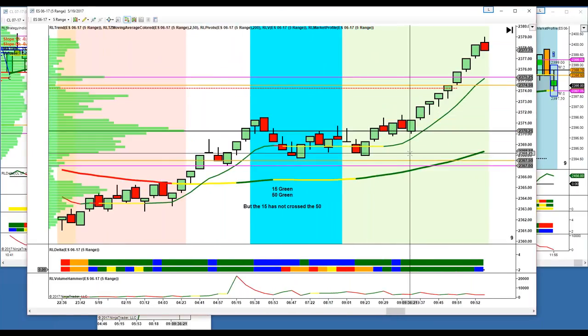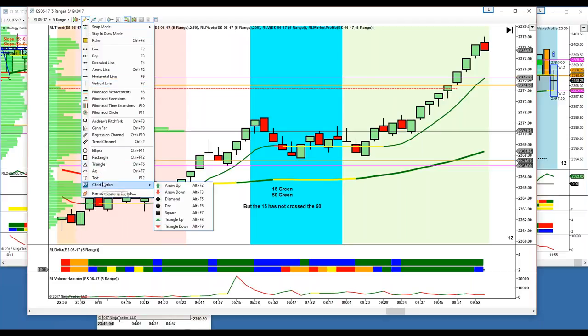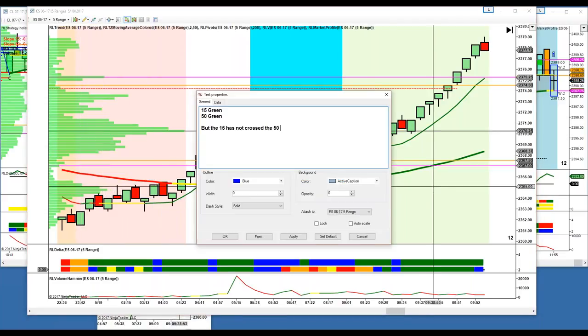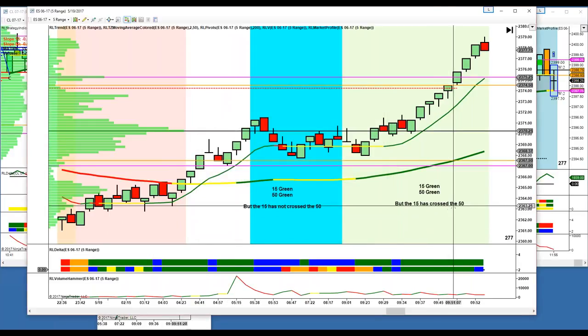When you're green, you've got the same situation, but here the 15 has crossed the 50 to the upside.